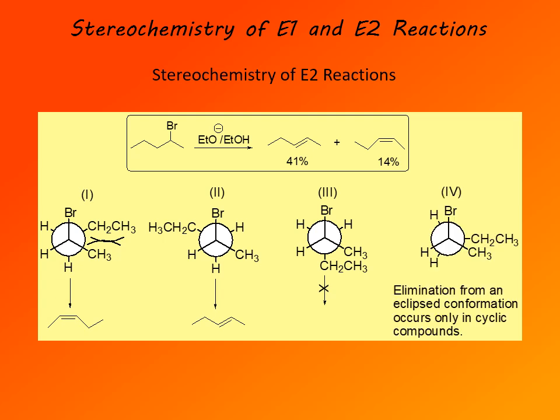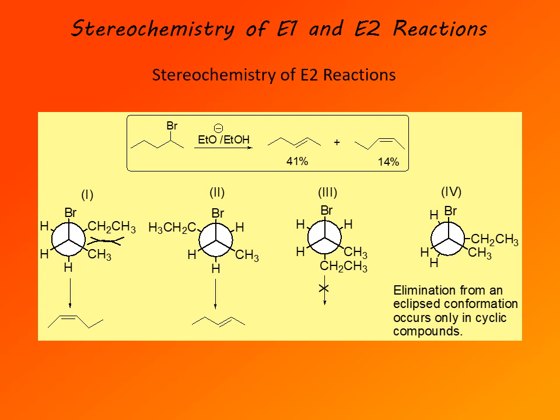Finally, in this fourth possible transition state, we have actually an eclipsing conformation. Now we have what we call syn-periplanar. So on back carbon, carbon-hydrogen bond is properly aligned with carbon-bromine on the front carbon. They are properly aligned for elimination, but they are syn to each other on the same side, and they are periplanar.